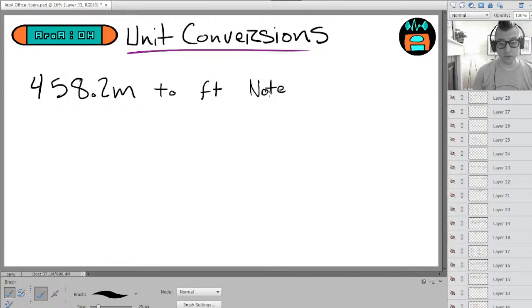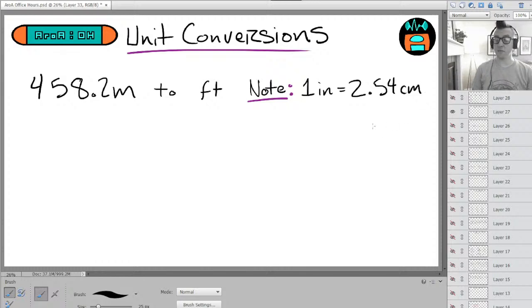And you should note, I will not be providing metric unit conversions on the exam, but any conversion that does go from metric to English, I will give you. So 1 inch is equal to 2.54 centimeters. And that is information I will provide you. Now, something you should know is this unit conversion is not exact.